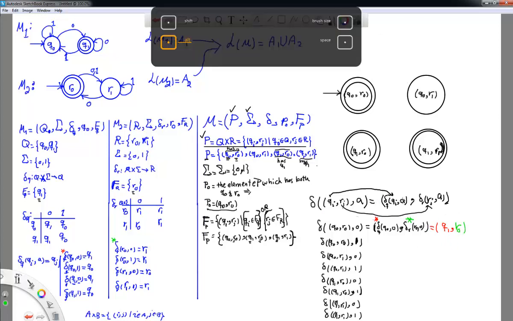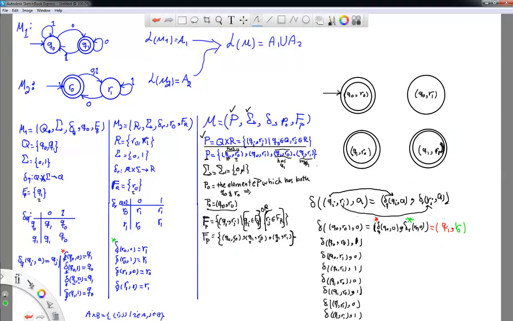So now my pair that goes from Q sub 0 R sub 0 from this state over symbol 0 is actually Q sub 1 R sub 0, which is this element down here. So this is my transition. So my machine over symbol 0 goes and transitions from Q sub 0 R0 to Q sub 1 R0 according to this functionality here.